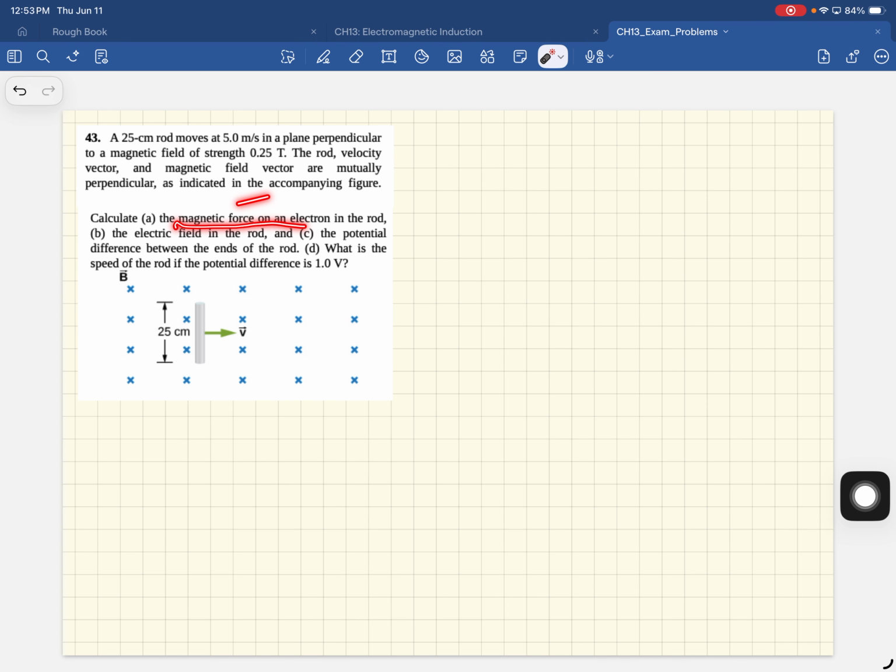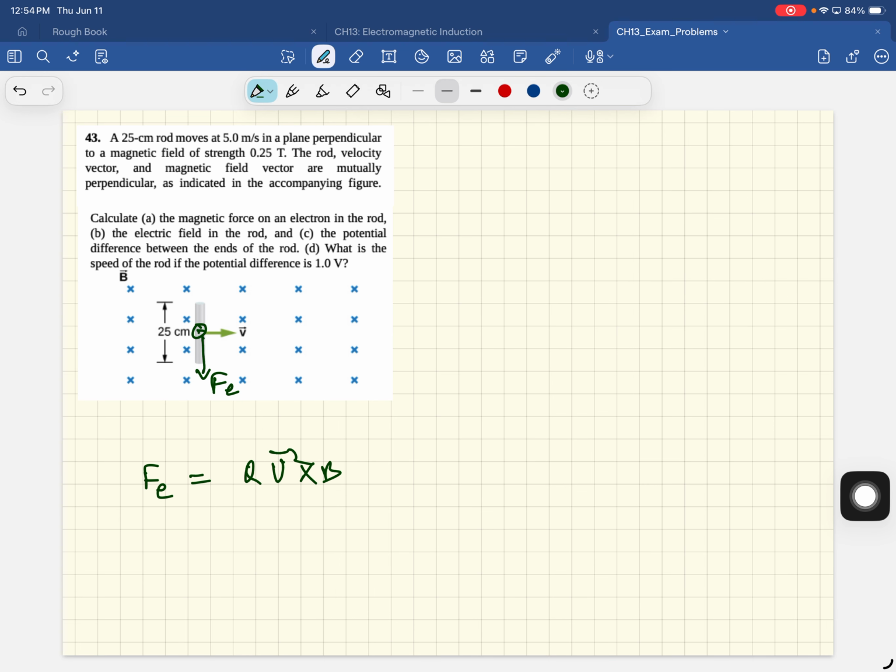The potential difference between the ends of the rod. So we'll make that 10 to the minus 4, 625 times 5.